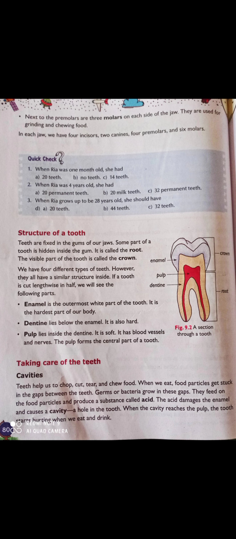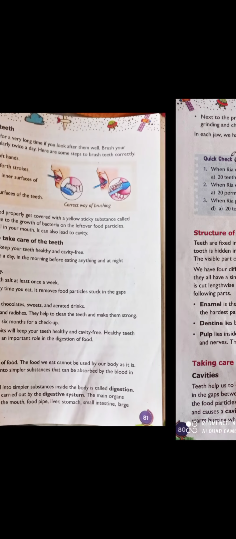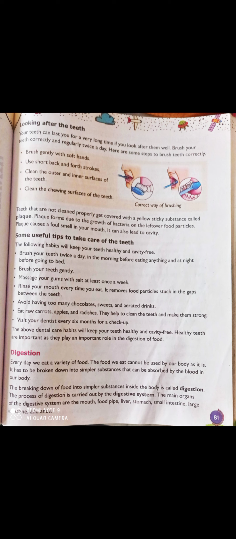Now, how can we look after the teeth? We can look after the teeth by following good habits which keep our teeth healthy and cavity free. Brush your teeth twice a day. Brush your teeth gently.